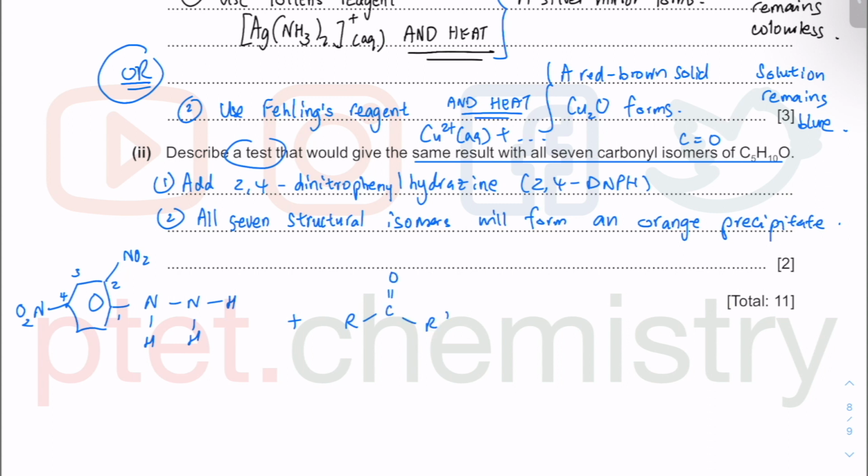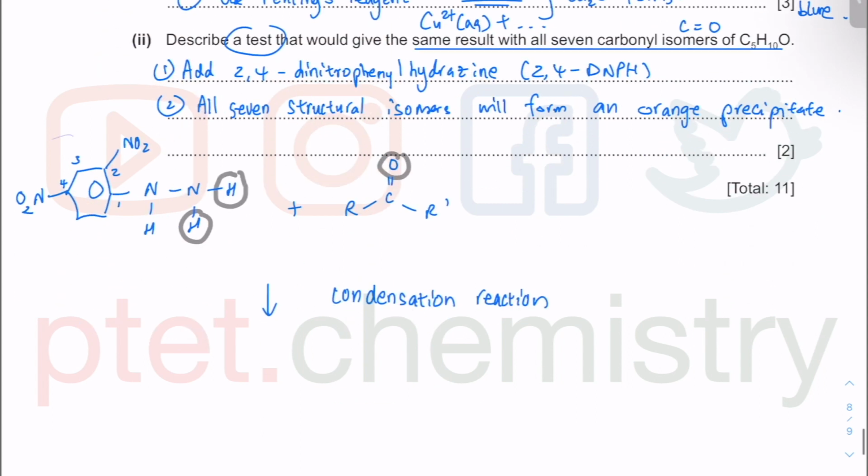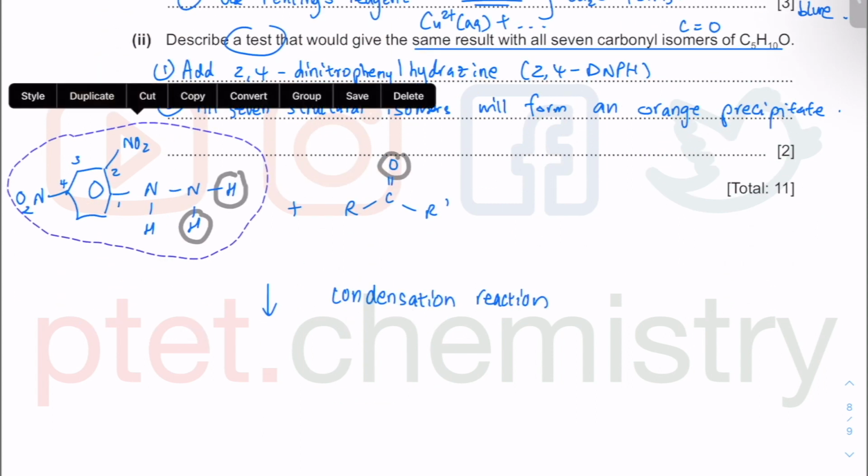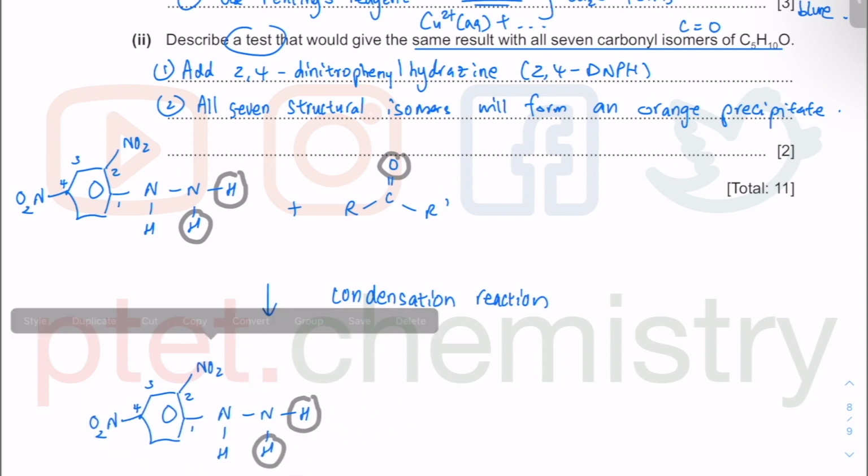So for instance, if I have that ketone, what actually happens is a condensation reaction. This is as stated in the Cambridge syllabus, condensation reaction. And a Cambridge endorsed textbook will show you what actually happened there. You will lose the H there. You will lose the O there. You will also lose this H there. So what actually happened is, well, the rest of the molecule doesn't change that much. I'm going to copy paste that. I'm going to lose the 2 hydrogens.